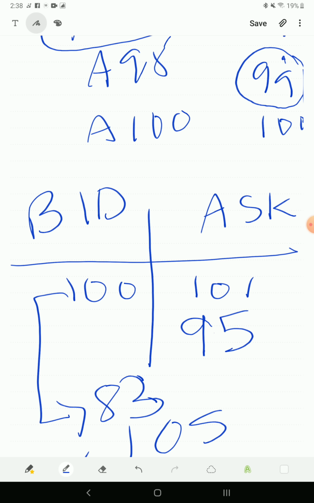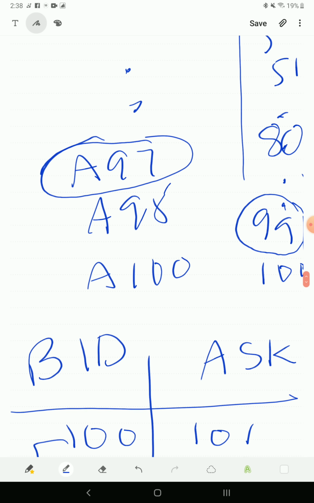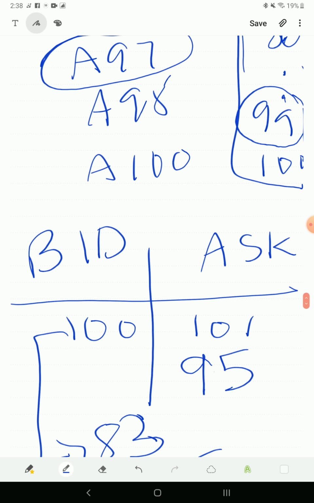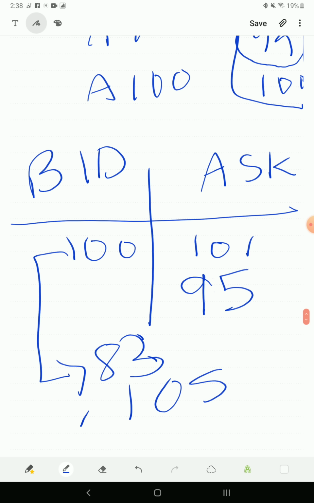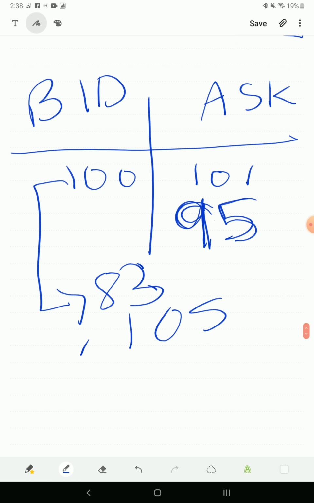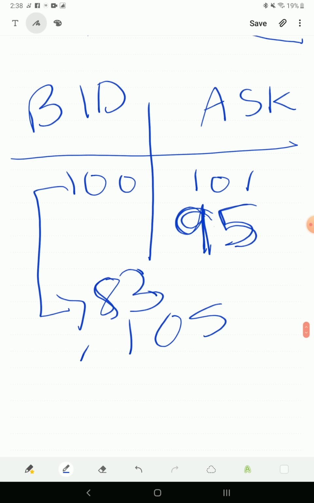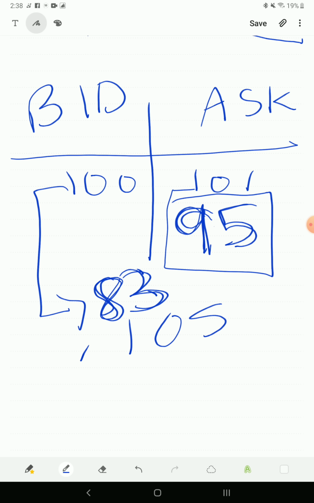And it may never get filled because of the queuing system, where by the time all of these people, because of all the processes and the waiting in line, get to you, you finally input it into the system here at 95 for the ask side, but we're already at 83. So how can your limit order get filled? This is why a lot of the time people's limit orders don't get filled.